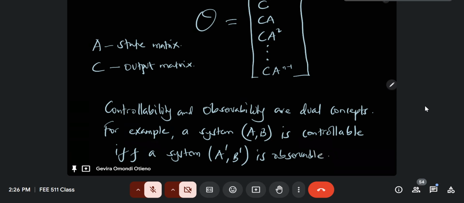Or if you transpose the system, then it becomes observable. So that's the duality or the dual nature of these two concepts.